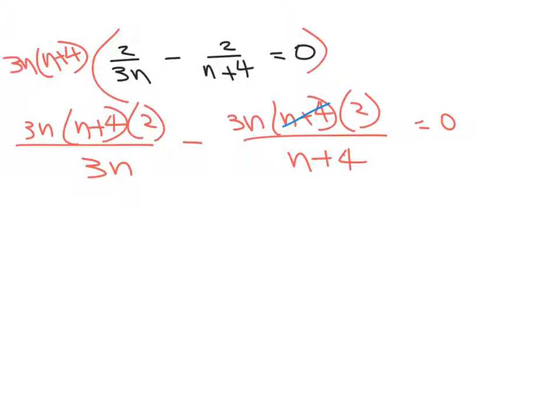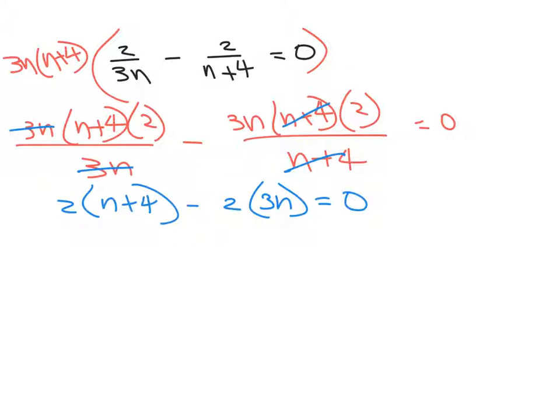Then cancel that with that, and that with that, and we're left with 2 times n plus 4 there, minus 2 times 3n there. I just switched the numbers around. I have a tendency to do that. Distribute, distribute. 2n minus 6n is negative 4n.